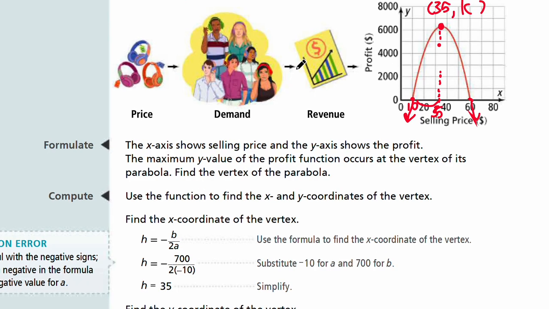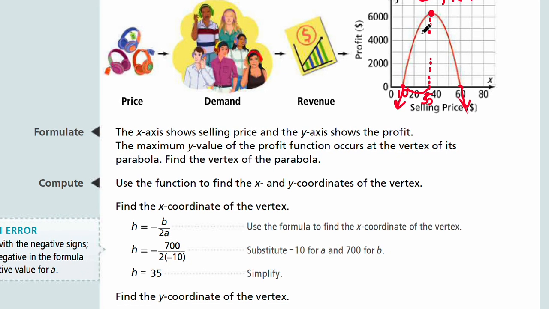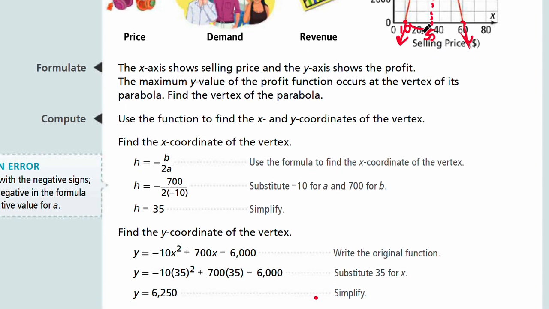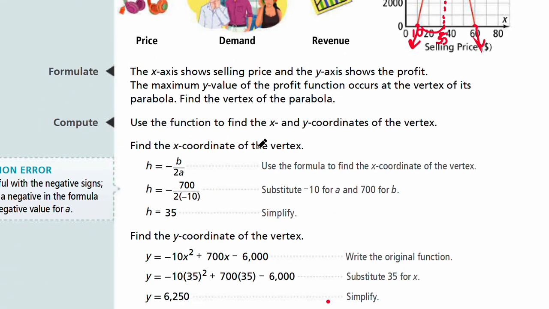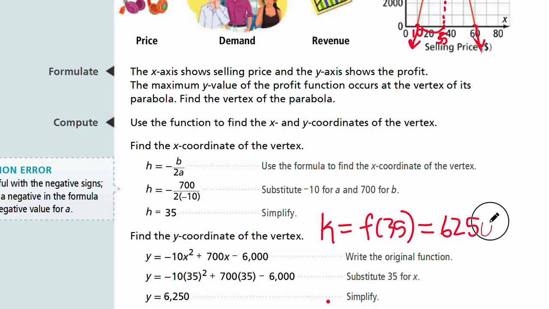And then you're going to find the y-coordinate because that's going to answer our question. In your function, you can figure it out by plugging in 35. So f of 35 would be our k. If you plug it into your equation, negative 10 times 35 squared plus 700 times 35 minus 6,000 would be 6,250.